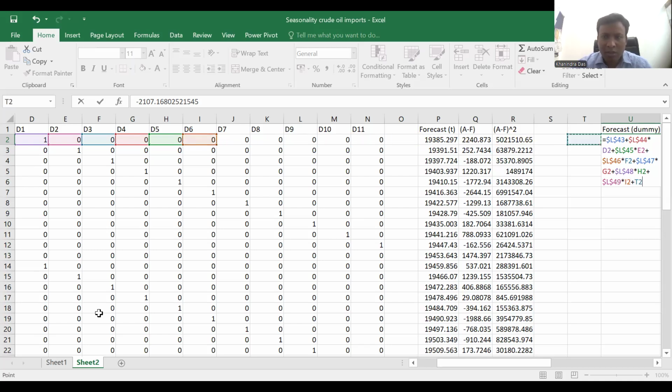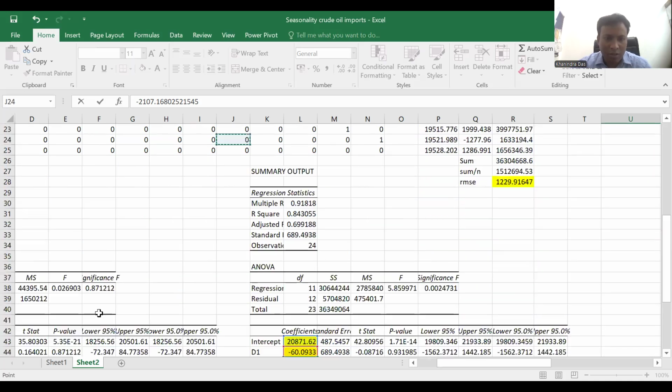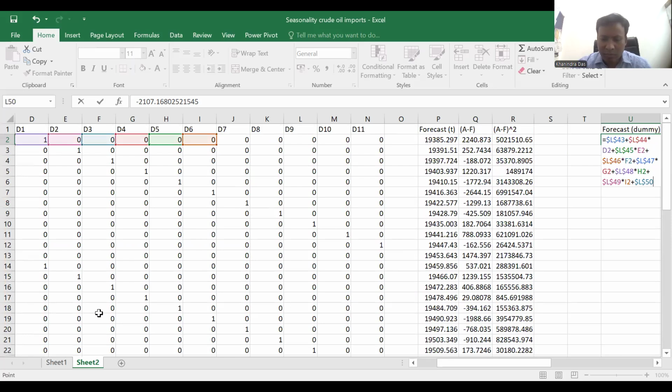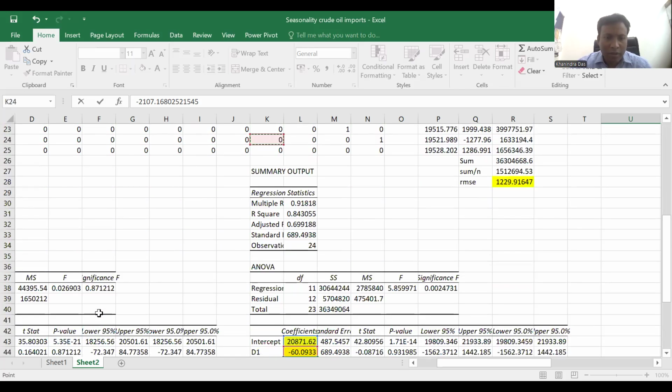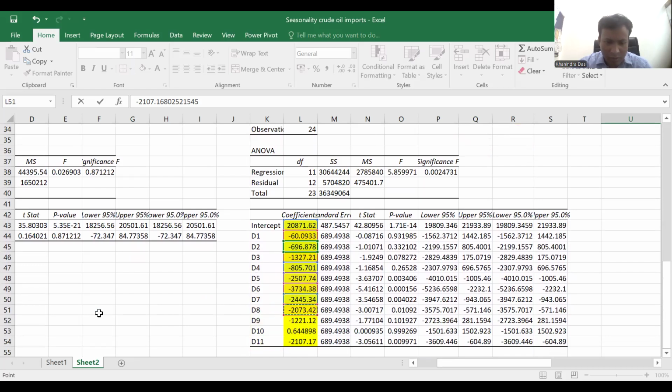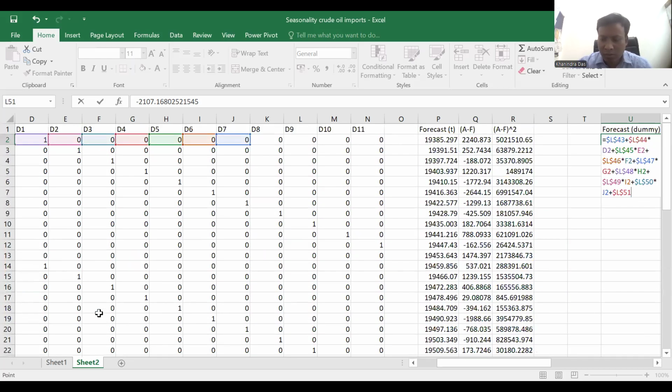Then comes the D7 coefficient into the D7 value, plus the D8 coefficient into the D8 value.